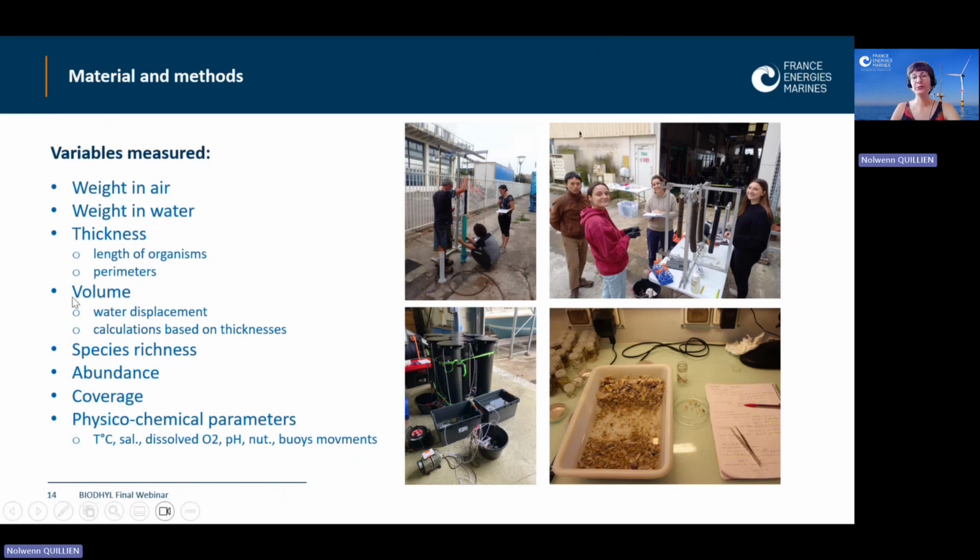We also measured volume of the biofouling precisely through water displacement, but we also calculate the volume based on thickness measurements. And later in the lab, after sorting the samples, species richness has been measured, as well as the abundance of the organisms for each sample and the coverage also of the organisms of each sample. And as I said, we used also sampling and probes to measure different physical, chemical parameters.